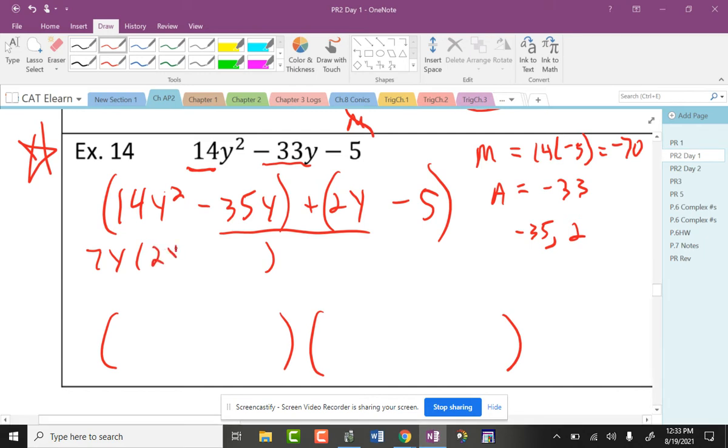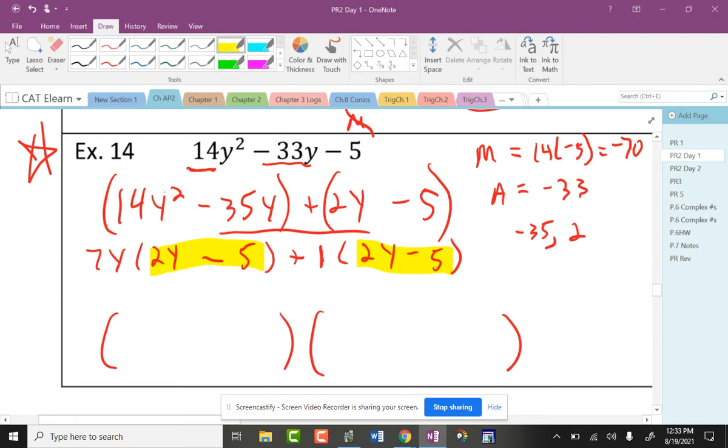Don't forget about the y. And then 7 times what equals 35? The y is already out. But it's minus, right? Now I will help Matt. You should probably take out a 1 just so you see it. But 2y minus 5 does not have a common factor. But take out a 1 so you see it for your final answer.